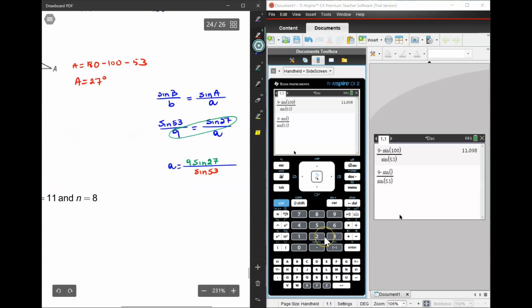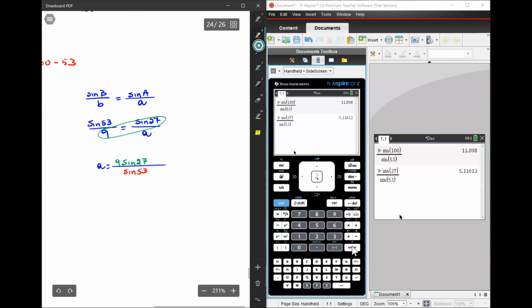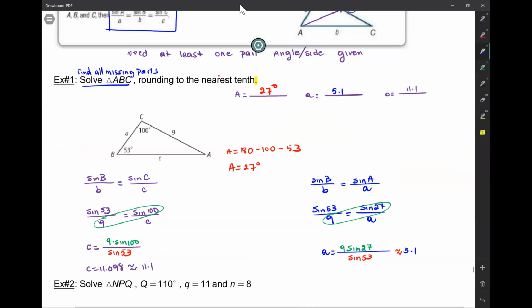So it's 9 sine 27 over sine 53. So little a is 5.1. And there you have it. I found all three of my missing elements. So that is my answer right there.